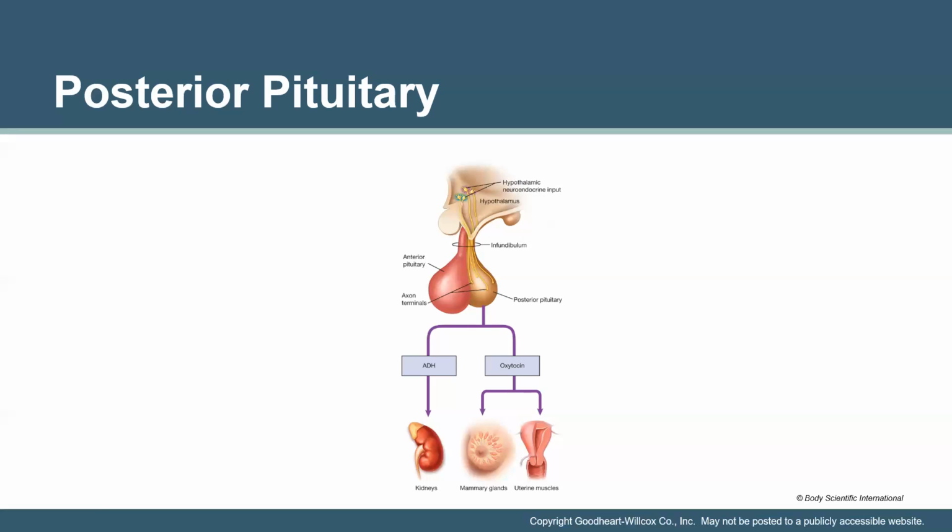And actually, the posterior portion of the pituitary isn't necessarily classified as an endocrine gland because it doesn't do its own production. It's a storer and secretor.